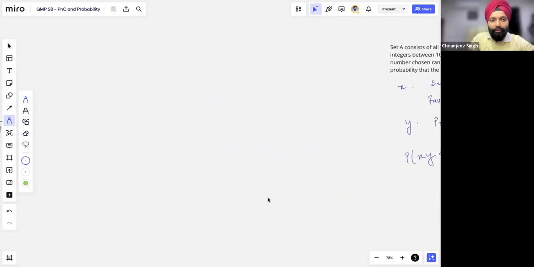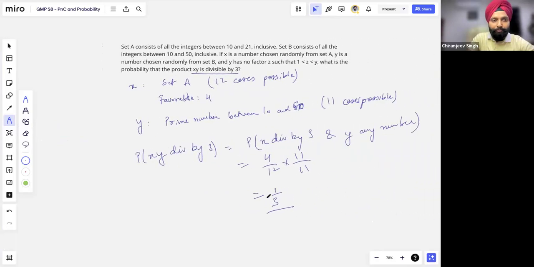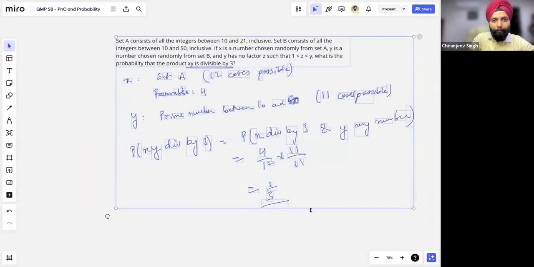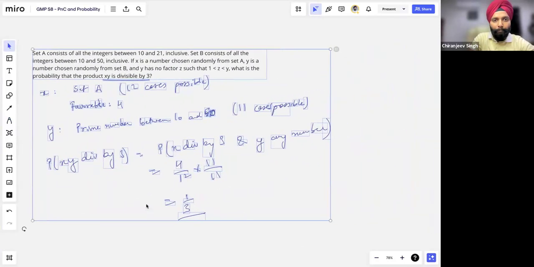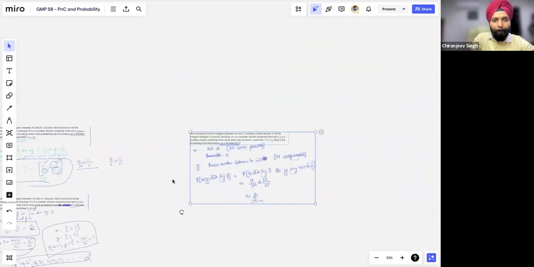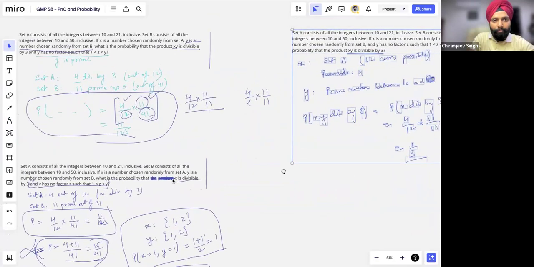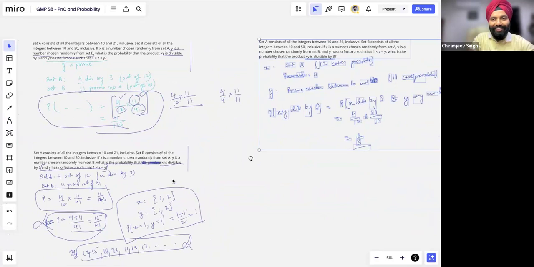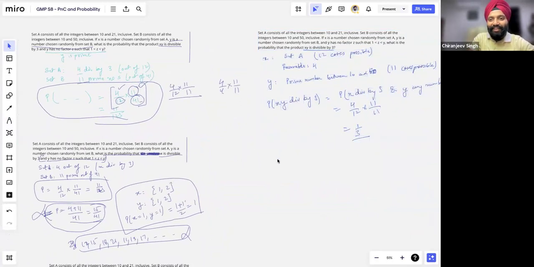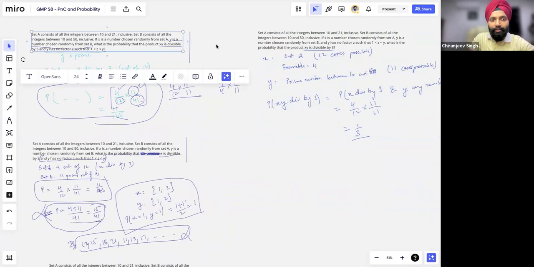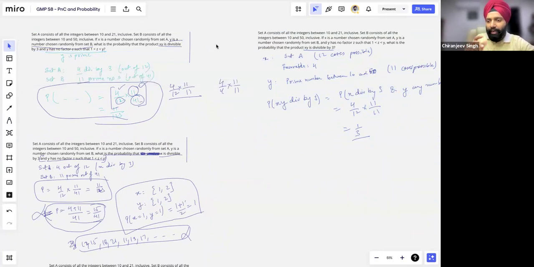So now possibly we can bring these two together. Not sure whether it's readable, but essentially you can see the difference is in the first case, y is a number randomly chosen from set B. So y could be any of the 41 numbers.